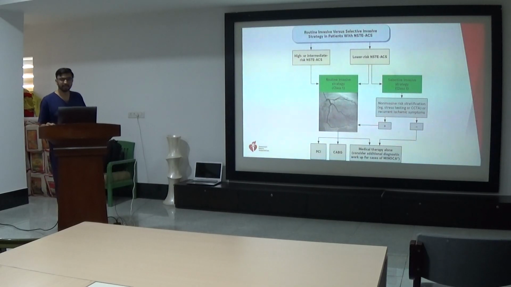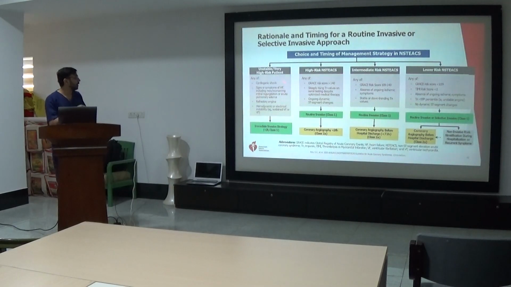Routine invasive versus selective invasive. In which patients can we do it routinely, and which patients do we choose selectively according to risk score? These are the risk scores. Very high risk patient, unstable patient, like any of these conditions: immediately invasive within 2 hours. It's a class 1. These are for non-STEMI. In ST elevation MI, there is a straightforward shifting.